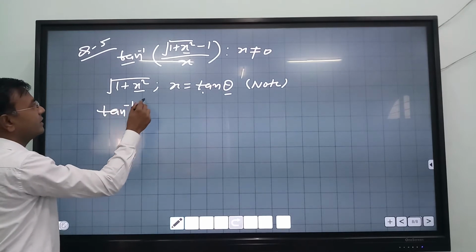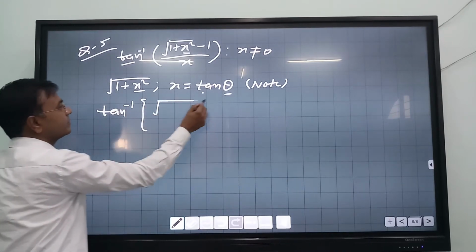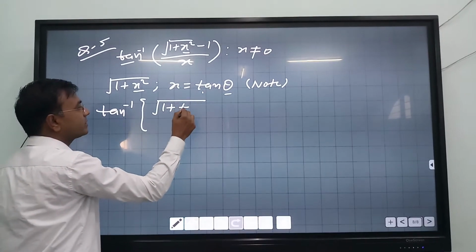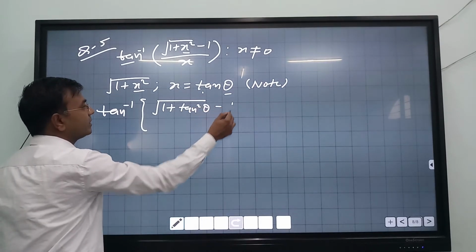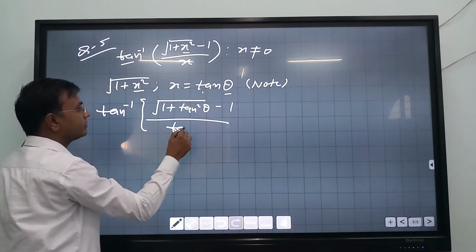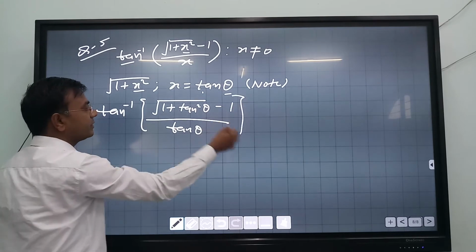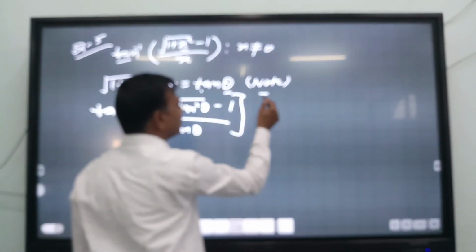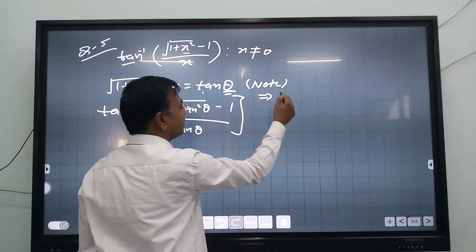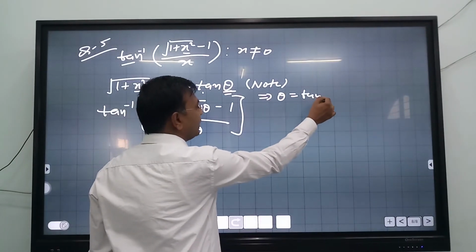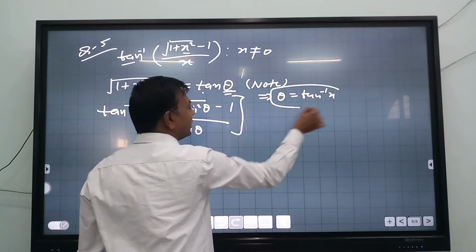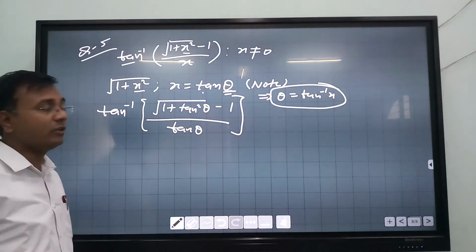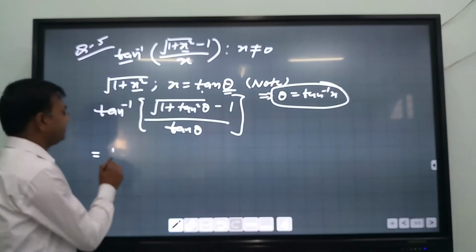So now, after putting this, we get tan inverse of (under root of 1 plus tan square theta minus 1) upon tan theta. This implies theta equals tan inverse x, operating tan inverse on both sides.